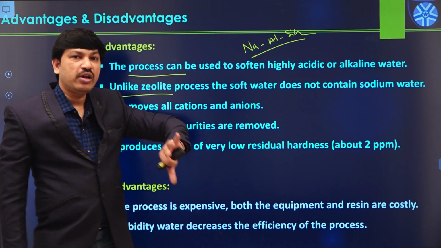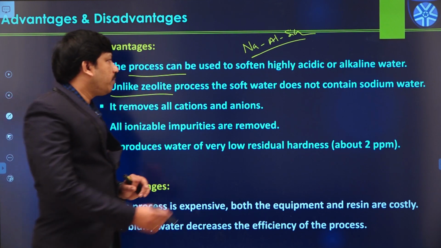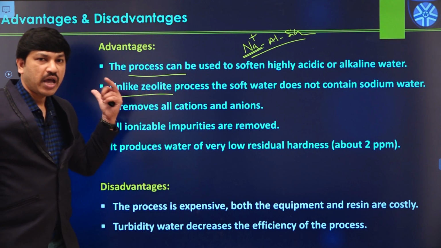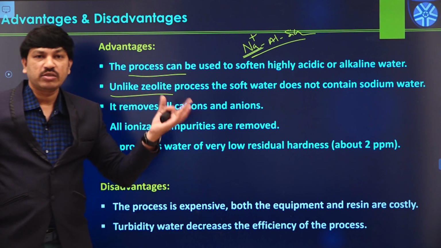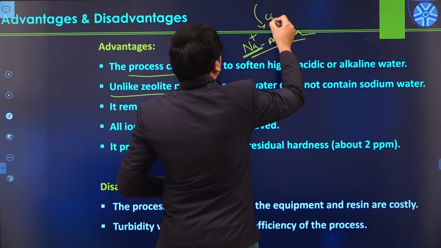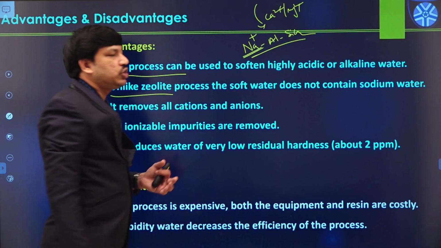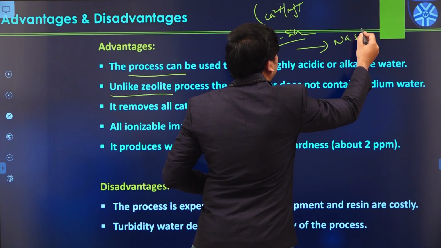That material can also be used to remove ions from the water sample, but in that case we have replaceable sodium cations. Whereas in the ion exchange process we have replaceable protons, Zeolite contains replaceable sodium ions. So whenever calcium or magnesium ions are replaced by using the Zeolite method, the remaining water always contains a lot of sodium salts.